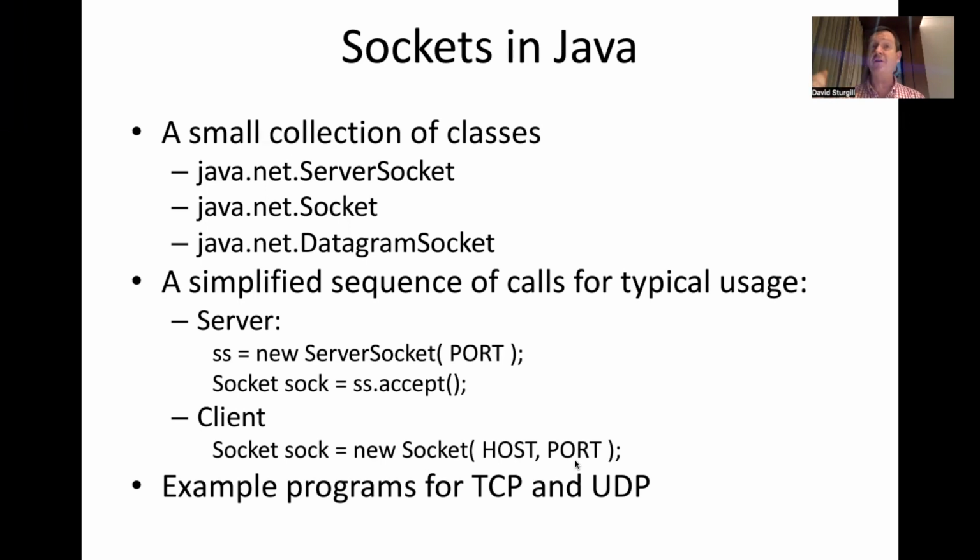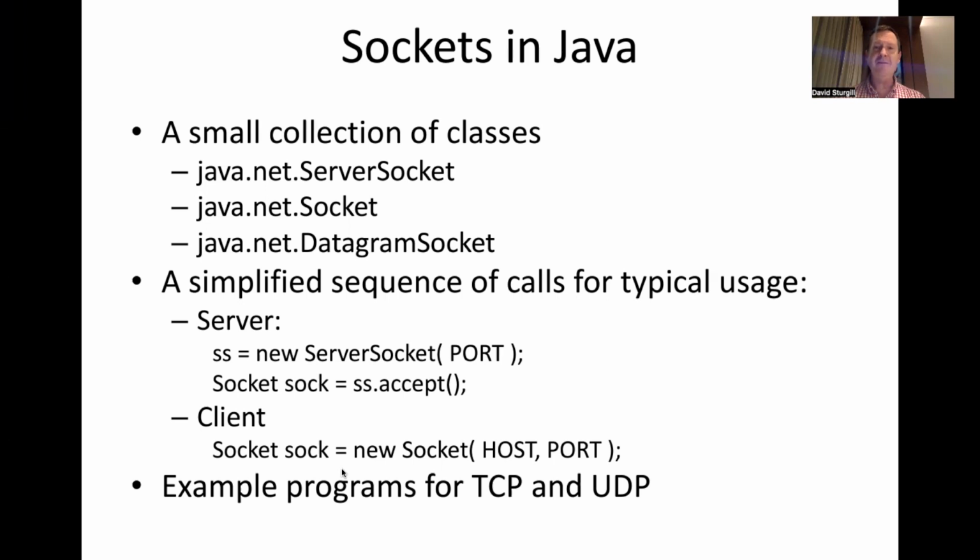Internally, it'll call socket, it'll call connect, and then once those succeed, it'll give you back an instance of Socket. Once the server has done these two things and the client has done this, you've got a socket that's ready to communicate, to send and receive sequences of bytes. There's also a DatagramSocket you can make to communicate over UDP. And we'll look at an example of both of these.